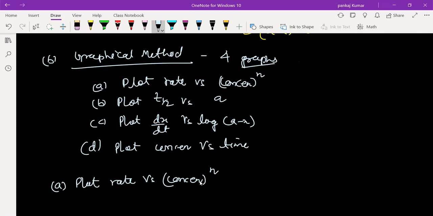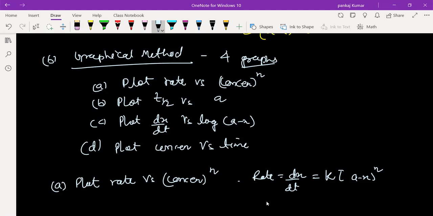Here the rate is equal to dx by dt, which is equal to k into a minus x to the power n.